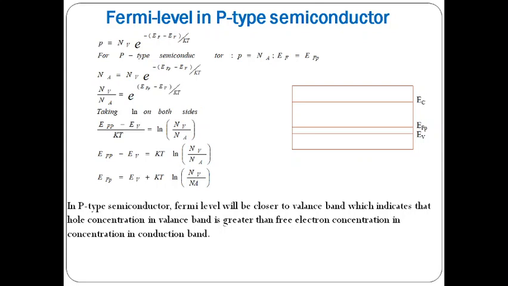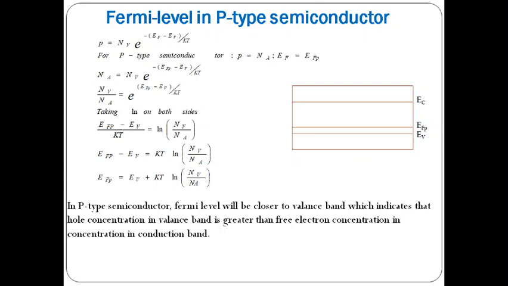Writing Nv by Na, it equals e power of (EFP minus Ev) by kT. Taking the logarithm on both sides, (EFP minus Ev) by kT equals ln Nv by Na. So EFP minus Ev equals kT ln Nv by Na. Therefore, EFP, the Fermi level of the p-type material, equals Ev plus kT ln Nv by Na.